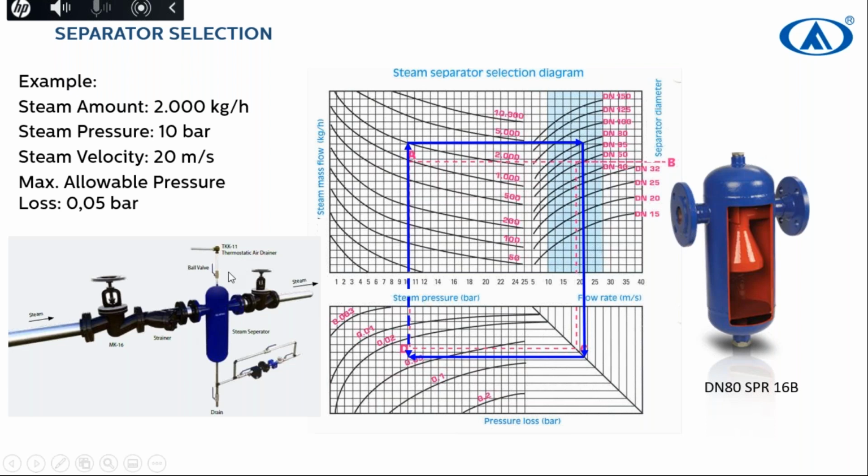You need these two, steam trap and air drainer, for your separator application. In a lot of cases, I always see the steam trap unit, but I never see this TKK11 thermostatic air drainer. They feel like it's unnecessary, but it's as necessary as your steam trap.